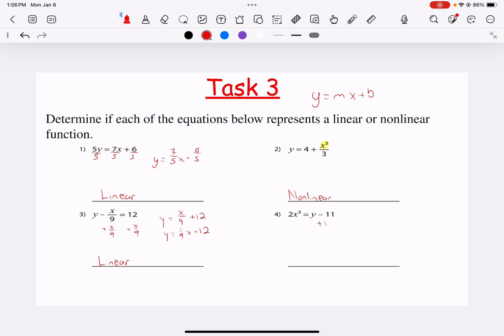And number 4, I have to add 11 to each side. When I add 11 to each side, I have 2x to the third power plus 11 equals y. The x is to the third power, so this would be a non-linear function. Any function to the third power is called a cubic function.